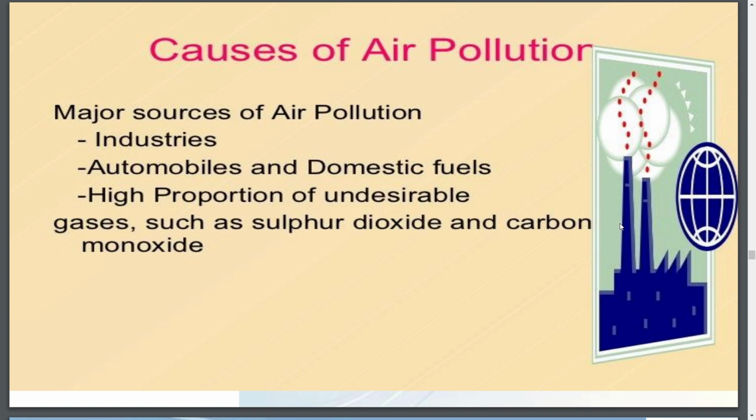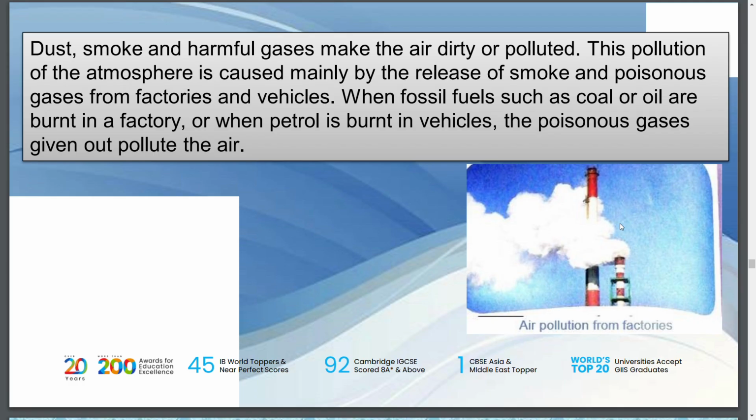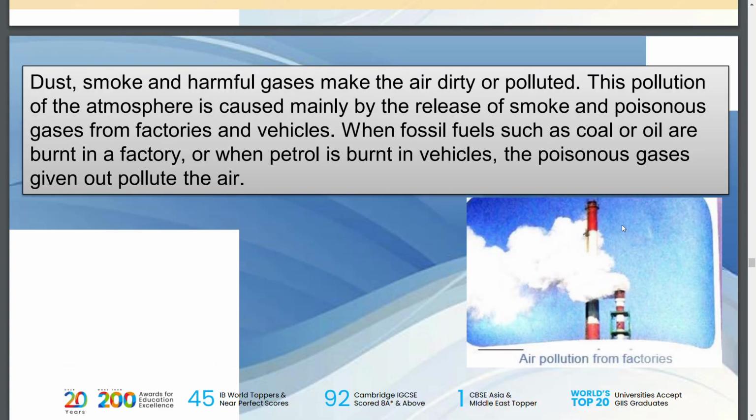The major sources of air pollution are industries, automobiles and domestic fuels, and gases such as sulfur dioxide and carbon monoxide. Dust, smoke and harmful gases make up dirty, or polluted, air.